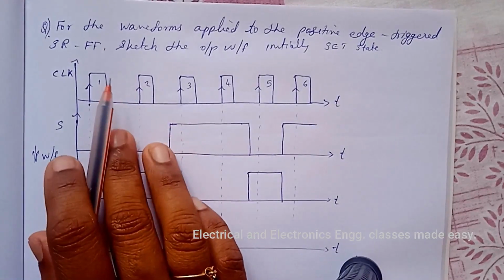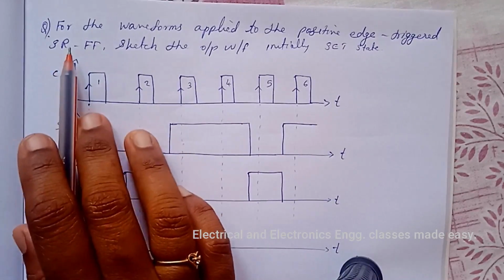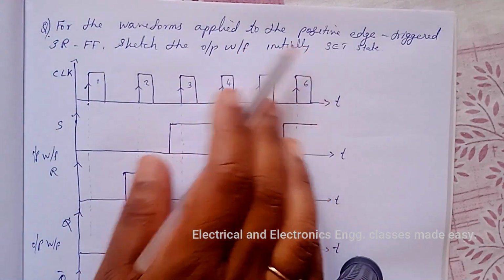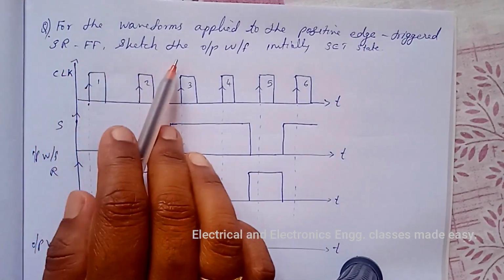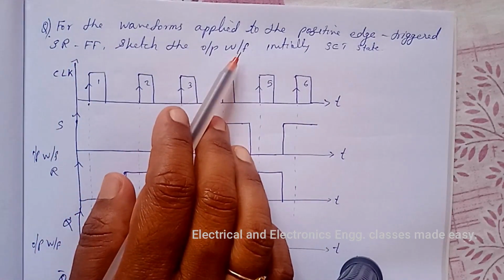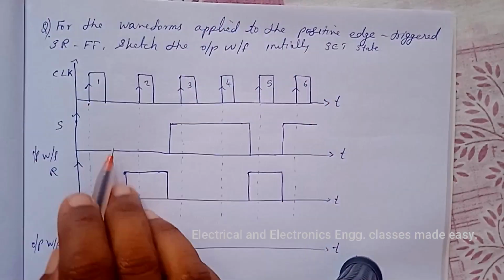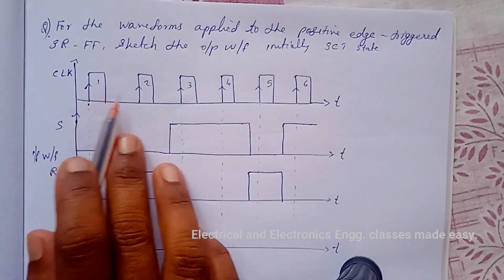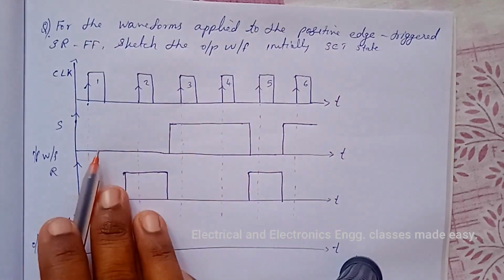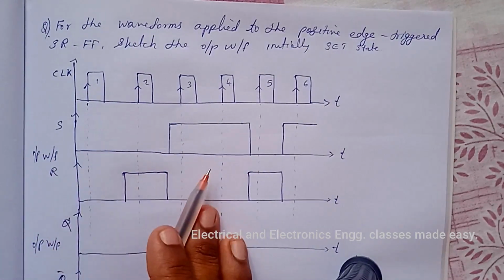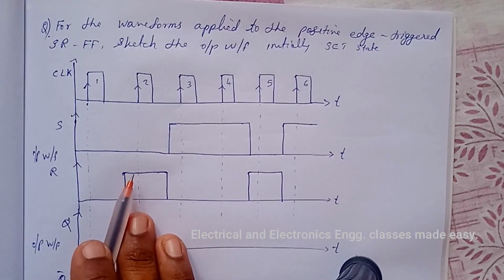Let us study about the timing diagrams. For the waveforms applied to the positive edge triggered SR flip-flop, sketch the output waveforms. Initially set state. So this is the clock pulse given and these are the inputs, that is S and R given to the flip-flop.